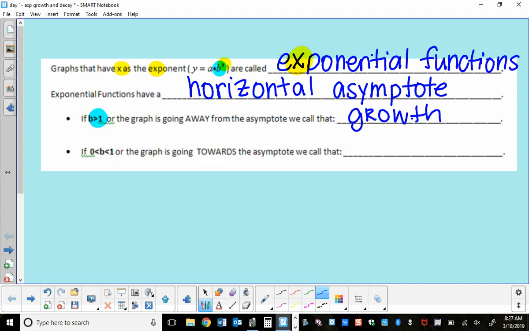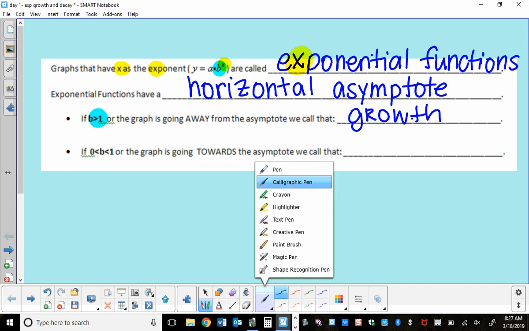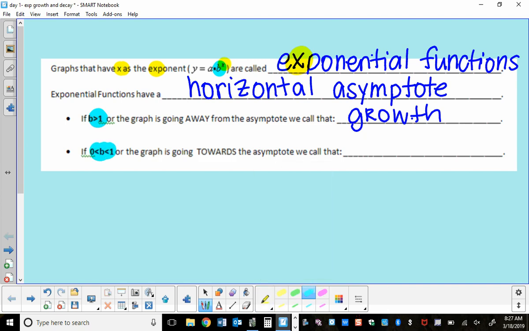You will have to memorize this part. And if B is smaller than 1, and the graph is going towards the asymptote, we call that a decay.